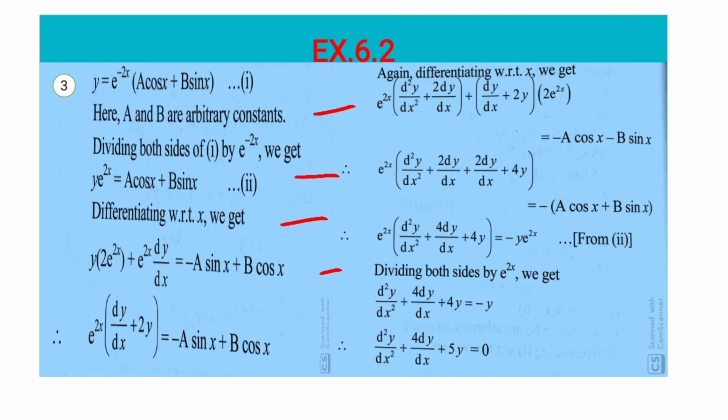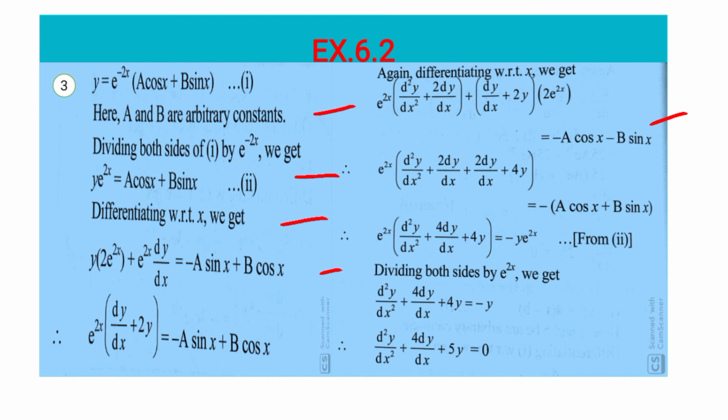Again differentiating with respect to x, we get e raised to 2x common into d2y upon dx square plus 2 dy by dx plus dy by dx plus 2y into 2 e raised to 2x is equal to minus a cos x minus b sin x.